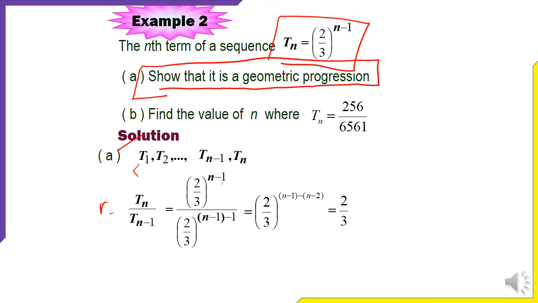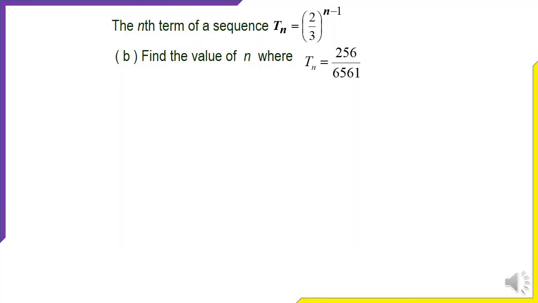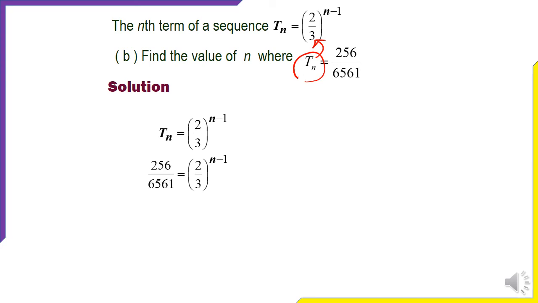Okay, how about question B? We want to find n. So what is n when the value is equal to 256 over 6561? We just have to replace the Tn with the general expression. So 2 over 3 to the power of n minus 1 is equal to 256 over 6561.